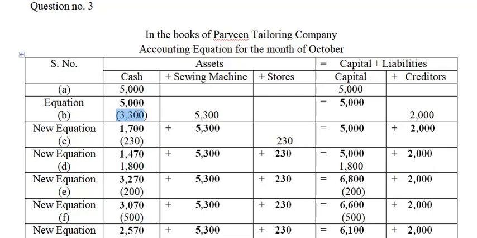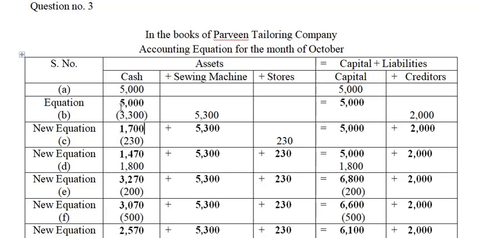So minus 3,300. Why minus 3,300? Because 3,300 is being subtracted. Cash is going out. If you have rupees 500 in your pocket and you go to the market and purchase a commodity of rupees 300, then what happens to the amount of cash? Cash gets decreased. Out of 500, 300 will be decreased and the remaining amount will be 200, isn't it?